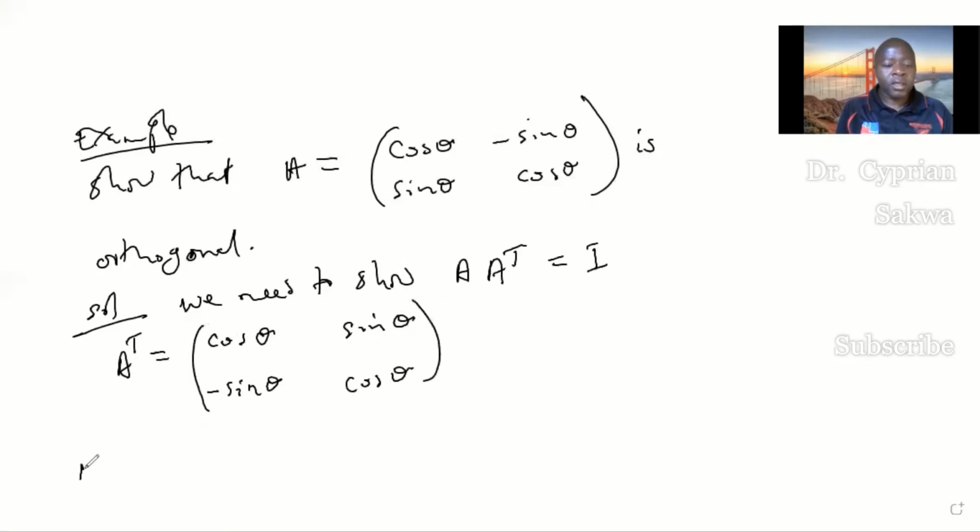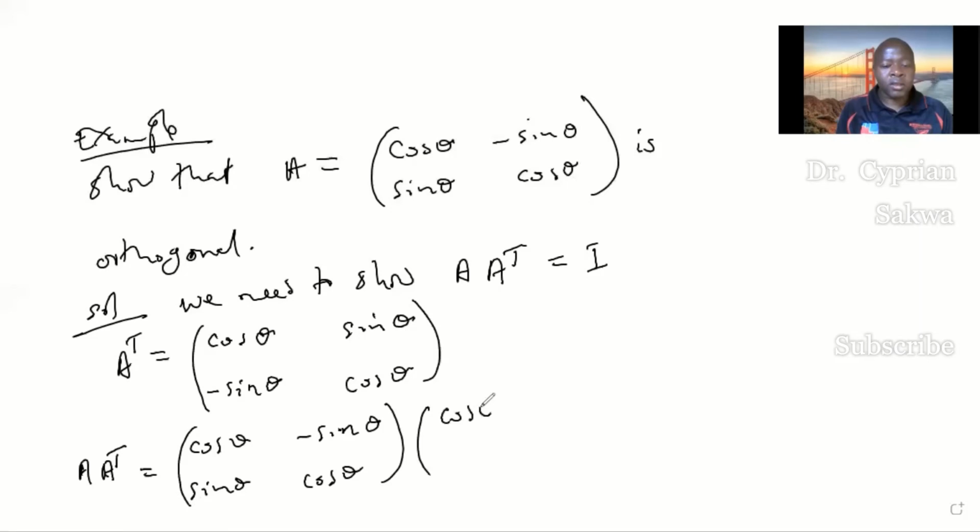So what is A times A transpose? It will be cos theta, negative sine theta, sine theta, cos theta, multiplied by this transpose, which is cos theta, sine theta, negative sine theta, cos theta.